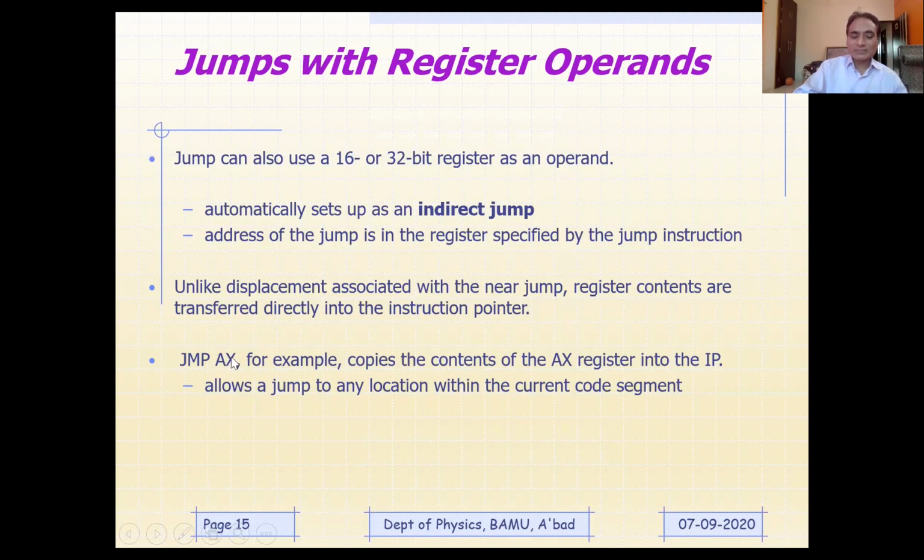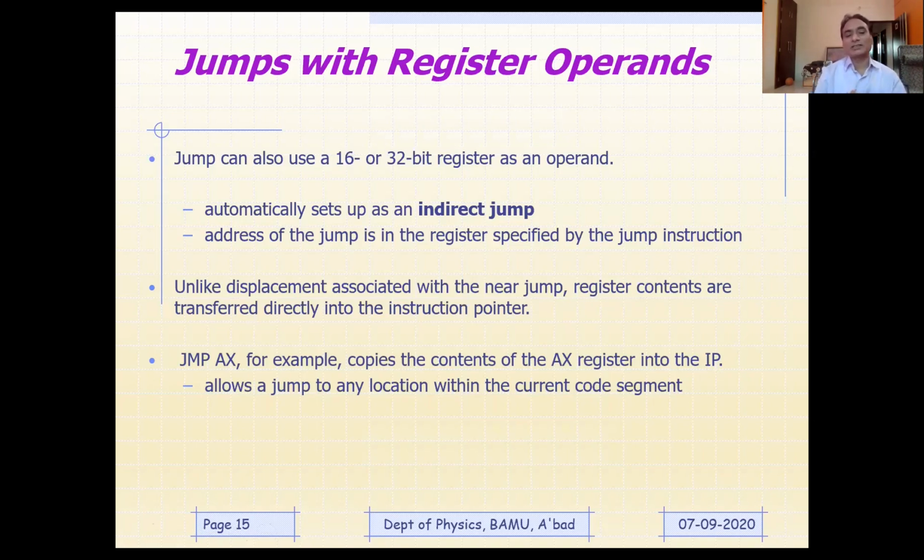But whenever it is executed, the content of the specified register will be transferred to the instruction pointer. Why the instruction pointer? Because the instruction pointer is used to keep track of program execution.